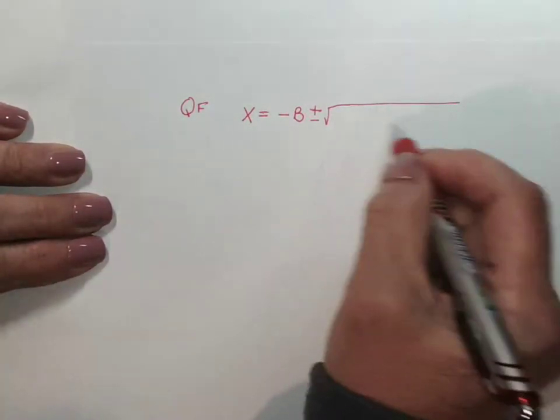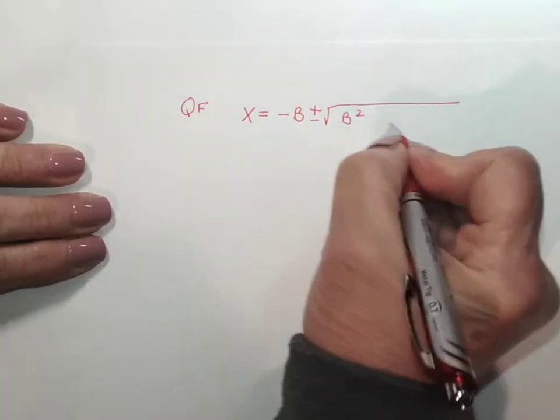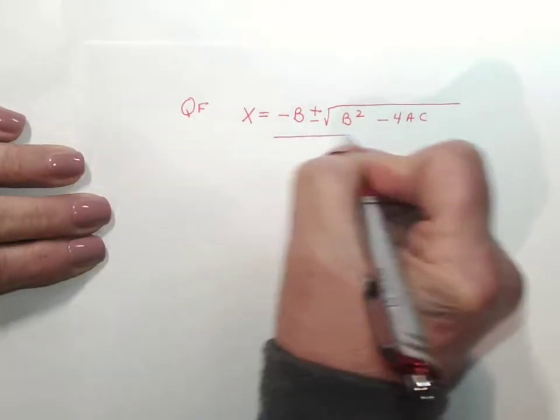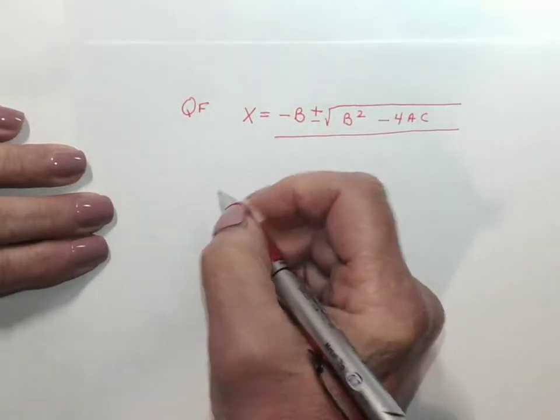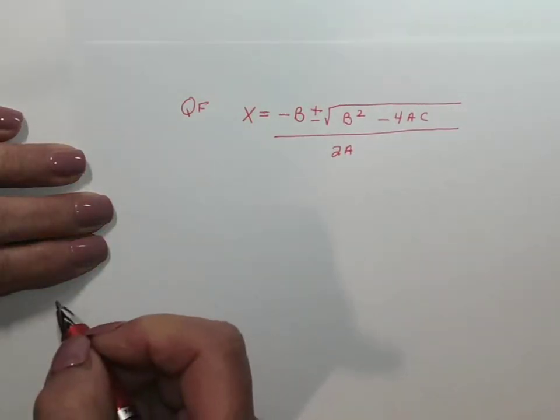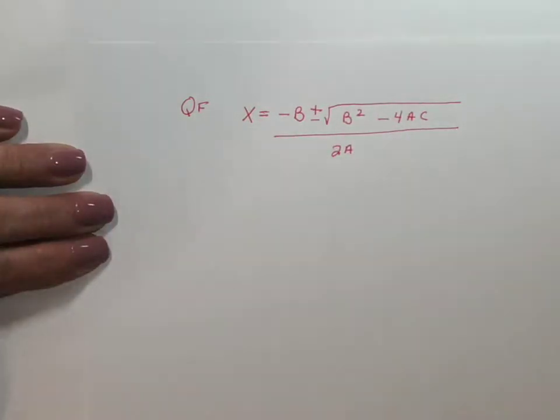It's everything under this square root. b squared minus 4ac, all divided by 2a. So that's the formula, and that's the way it needs to be. That's the way it must look.